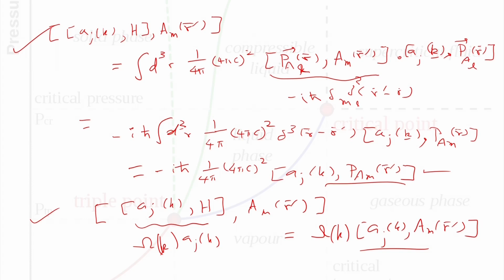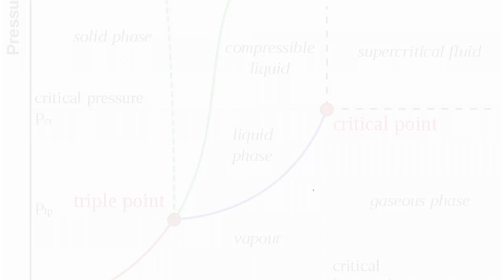So, remember that what we have done here is we have taken this commutator of A with H and found the commutator of that object with the canonical position, which is basically the vector potential. But we could also do the other thing, which is to take the commutator with the canonical momentum, which is basically the electric field. So, let us do that.